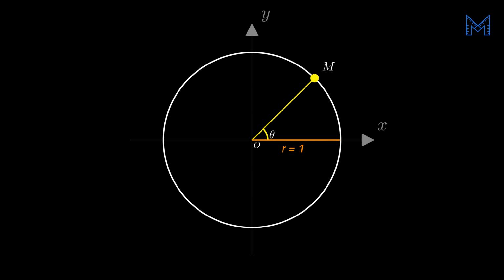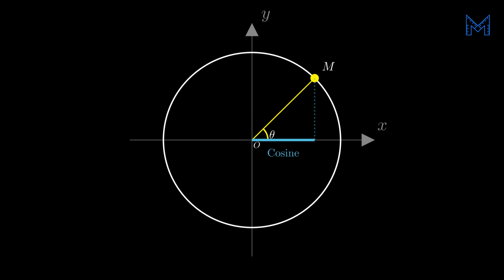The cosine represents the projection of point M onto the horizontal axis. The distance to this projection can never exceed the radius. Therefore, the cosine can never be greater than 1. And when the projection of point M lies on the negative side of the x-axis, the cosine becomes negative, but it cannot be less than -1.